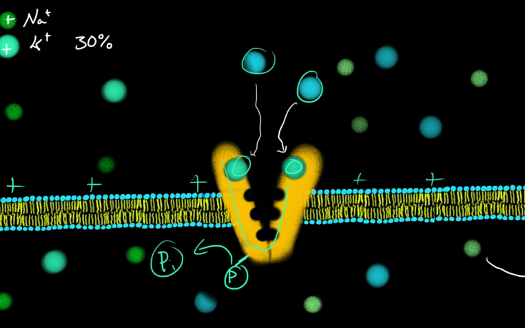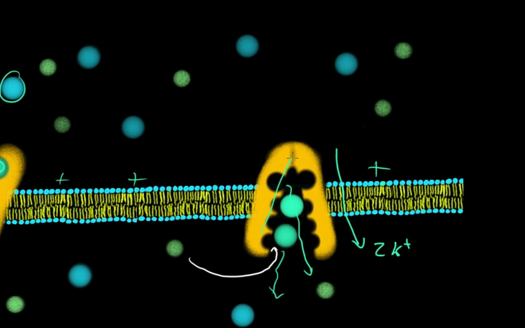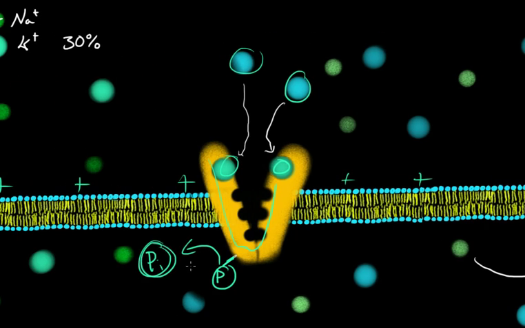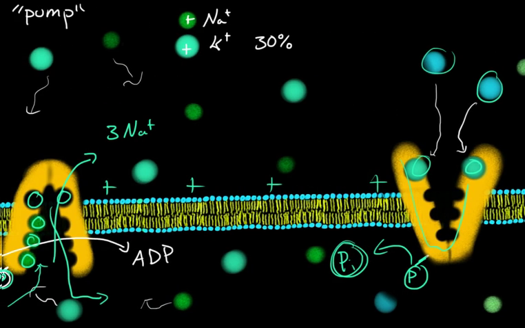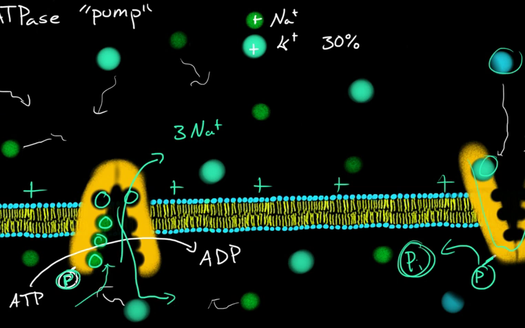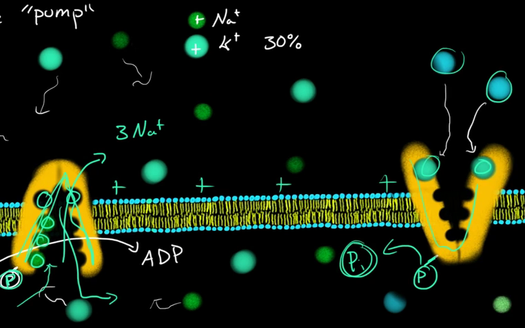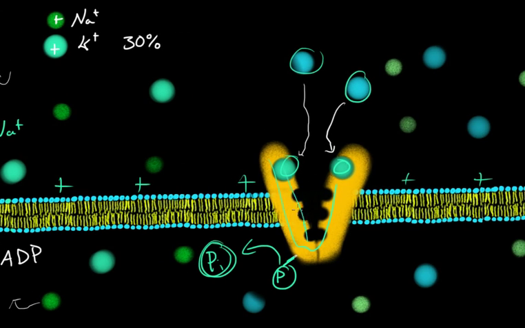It wants to convert back to its original shape, which is this. That's the really important thing: it's this phosphate group that causes the change. The only time it will be in this shape is when it doesn't have a phosphate group attached. When it has a phosphate group attached, it will be in this shape. So it's the phosphate group that causes the conformational change in the protein.